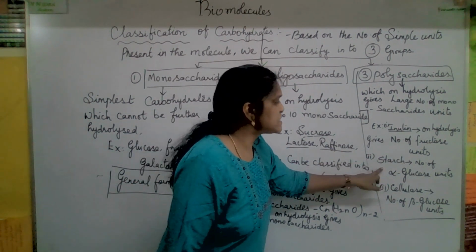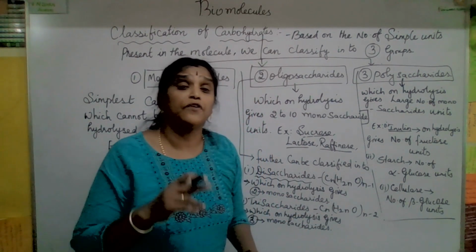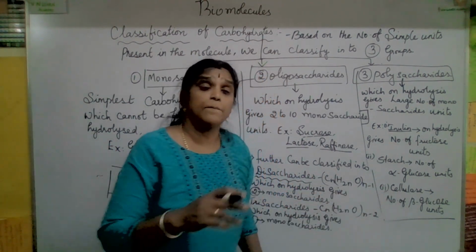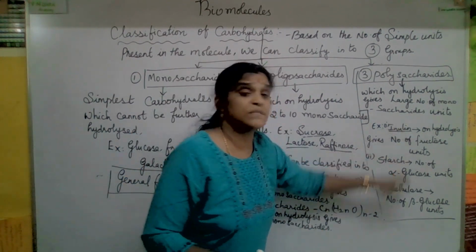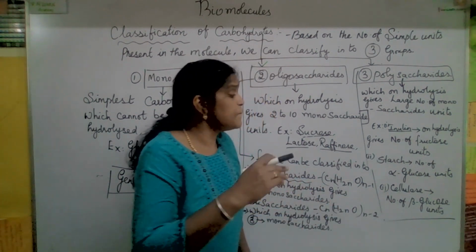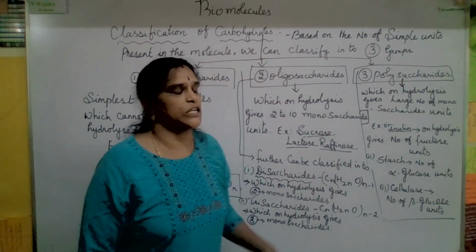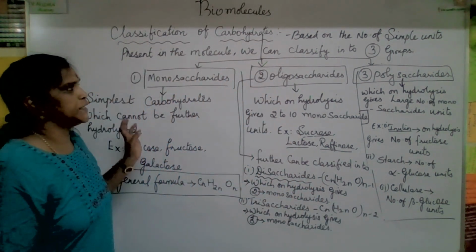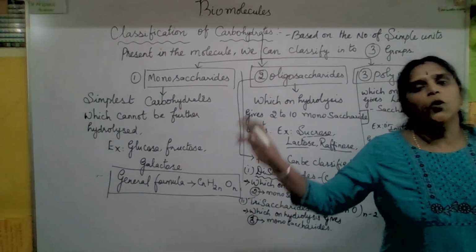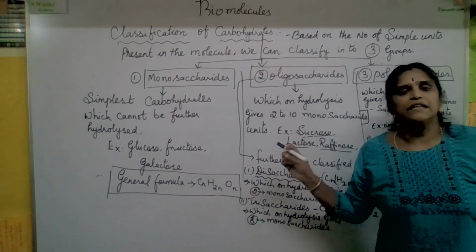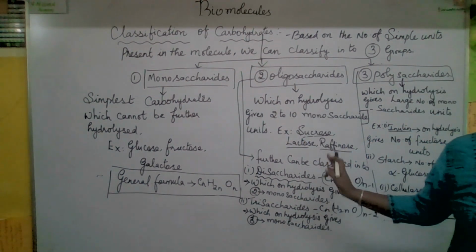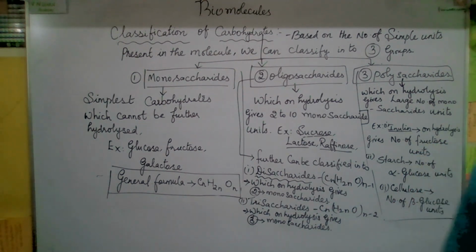In the same way, starch gives a number of alpha glucose units. Cellulose on further hydrolysis gives a number of beta glucose units. So this is the classification of carbohydrates. Hope you're clear with it. Two more questions are available on this, so if you want, you can take a screenshot. Hope you understand.